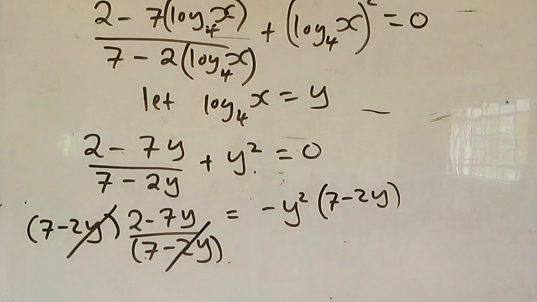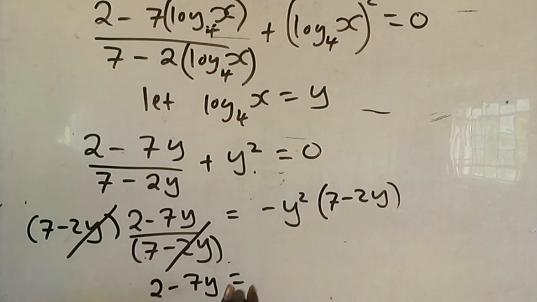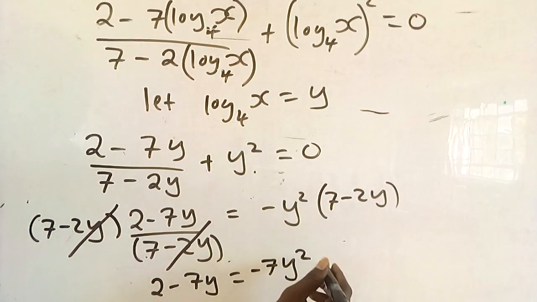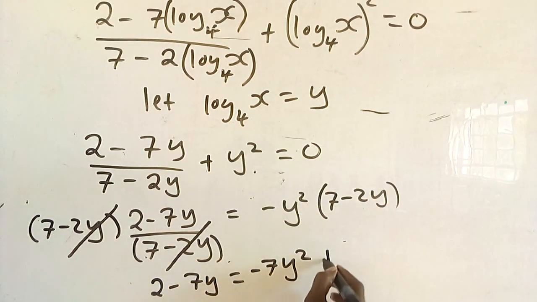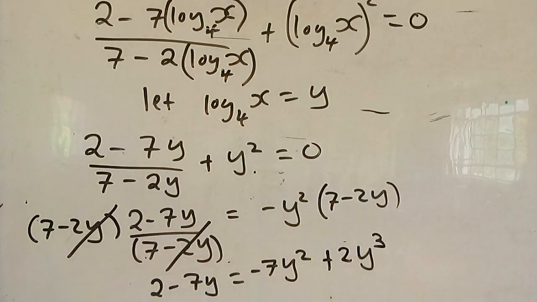You remain with 2 minus 7y equals negative y squared times 7, which is negative 7y squared, and negative y squared times positive 2y, which is negative 2y cubed.